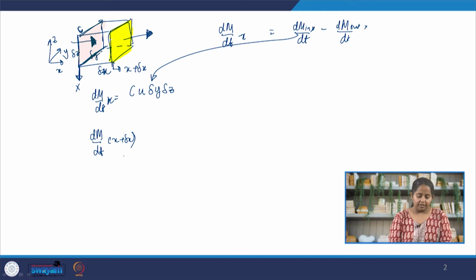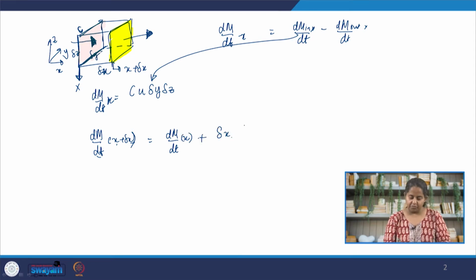We know that del m by del t at x plus del x will be given to us like so: dm by dt at x plus del x, so the distance that we are moving, and then dm by dt at x derivative, and then higher order terms.